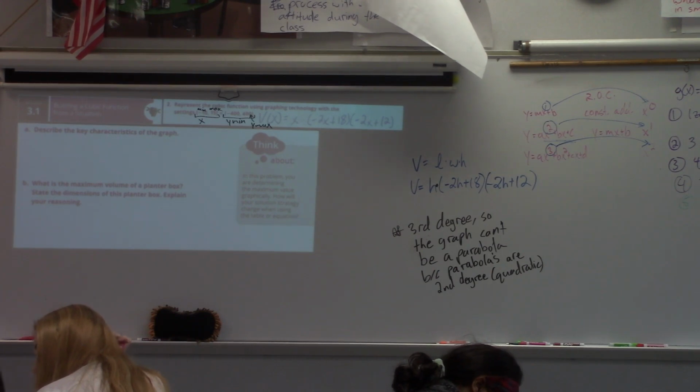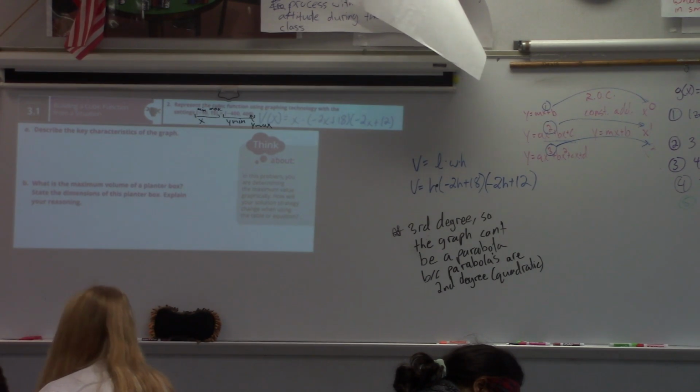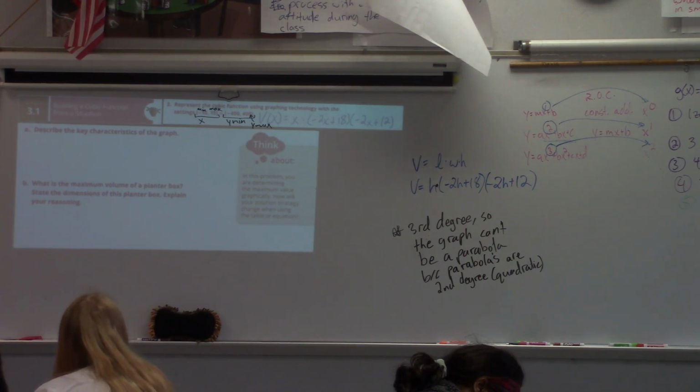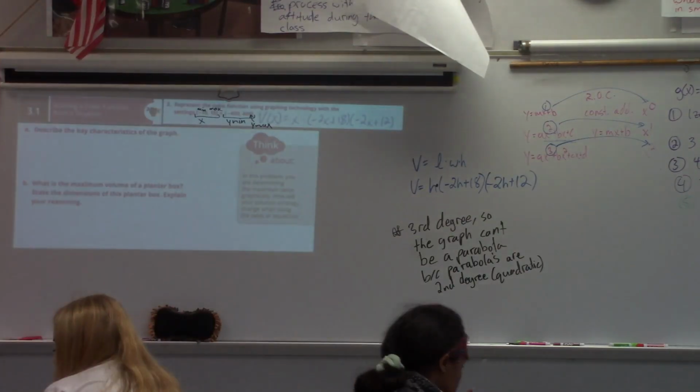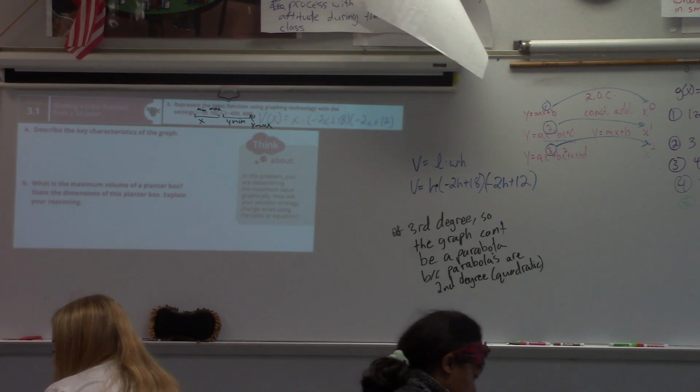Okay? Mr. Kilpatrick, you can go around and check to make sure everyone has that. Come on, let's change the X min and max. It's right here in the book, number 2. So notice the first set of dimensions in the book are your X values, the second dimensions are your Y values. -10 to 15.